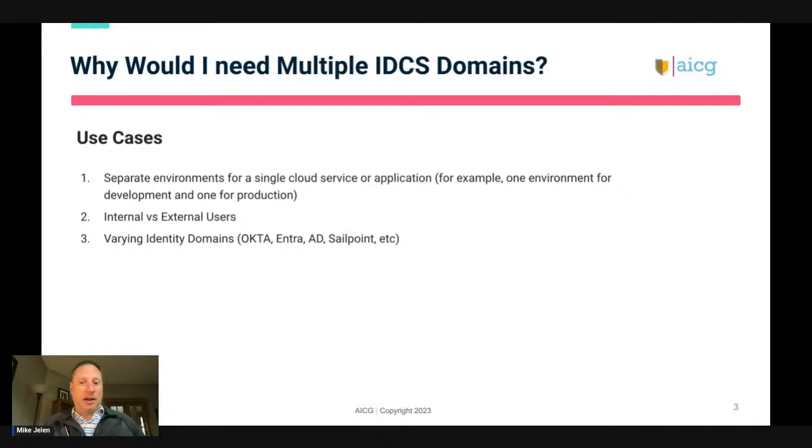Some of those could be short term, for the next X months or X years, but eventually we are going to have a single identity domain. Great. You have the ability to grow as your organization evolves. And so this is why we're talking about the use cases around multiple identity domains.